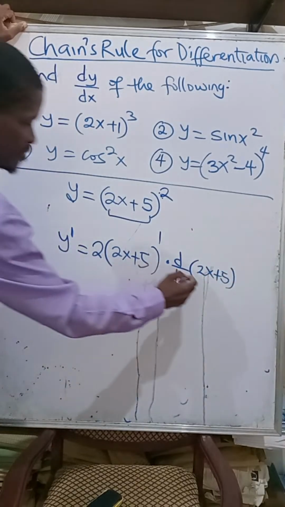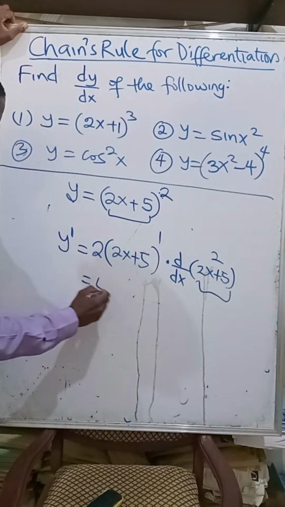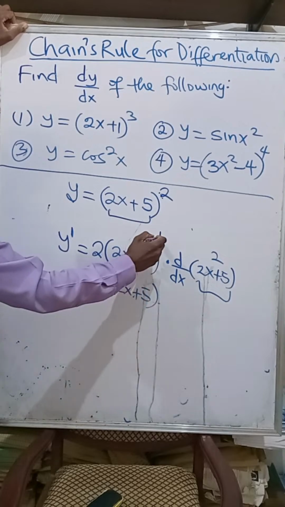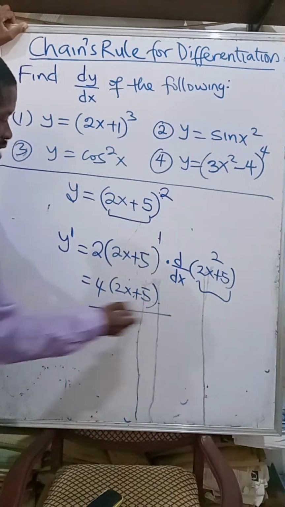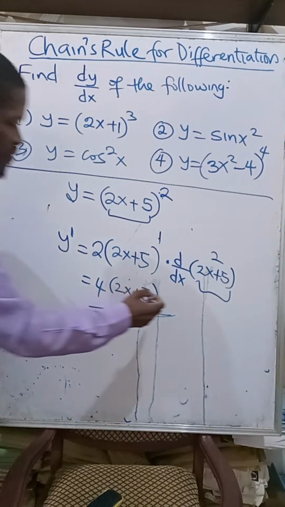If you differentiate this one, you're going to have 2. So that will be 5 times 2, that's 10, times the bracket 2x plus 5 to the power 4. So this is another way you can solve this question, which is even faster.